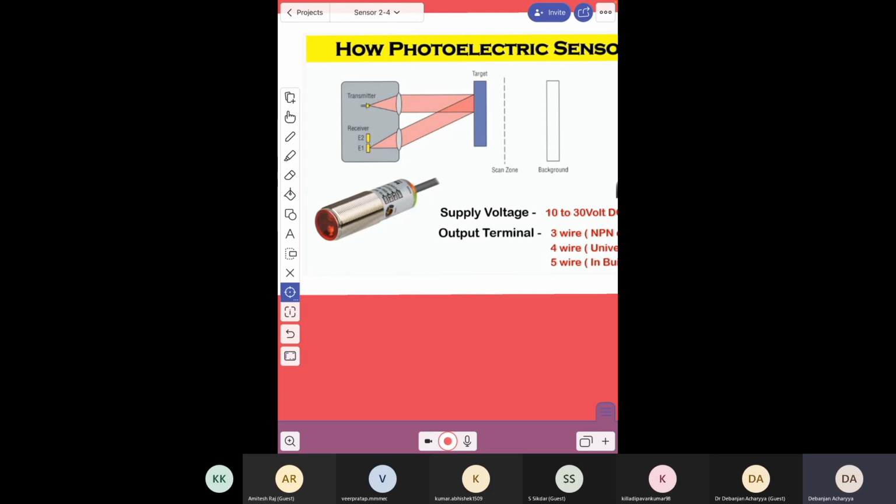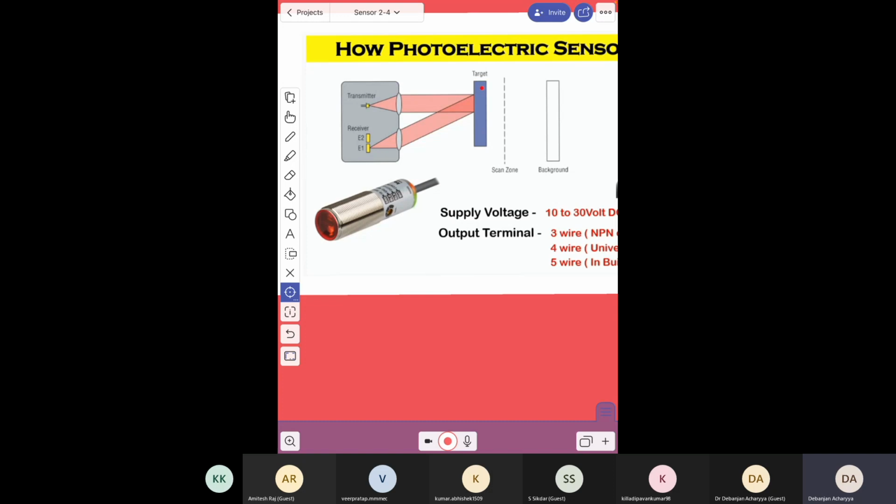If light is incident on a photodiode, current will be generated, so by measuring that current you can measure the intensity of the incident light. That is the basic principle of a photodiode.